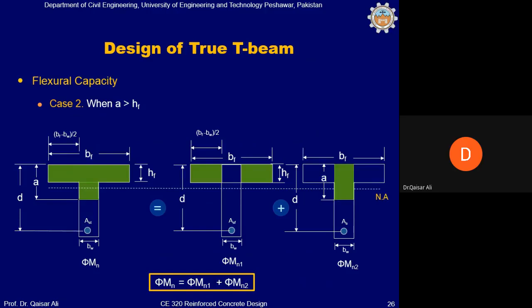We will calculate the total phi Mn of this beam equal to phi Mn1 plus phi Mn2. Phi Mn1 will come from this, and phi Mn2 will come from this.